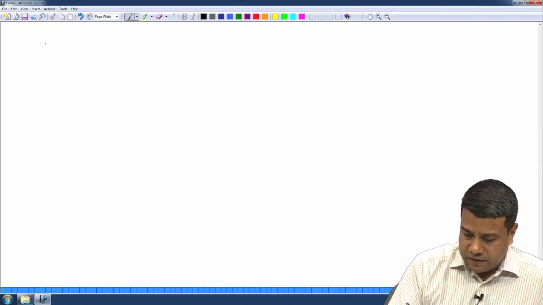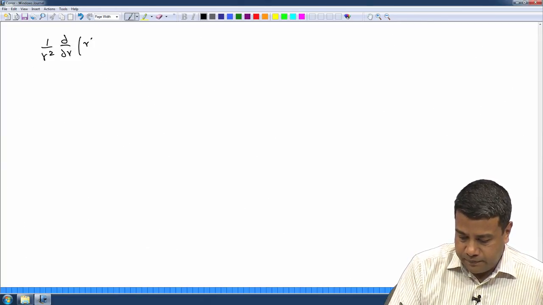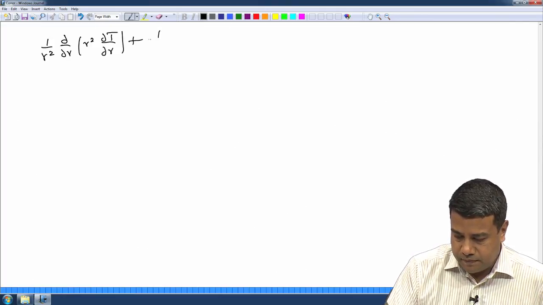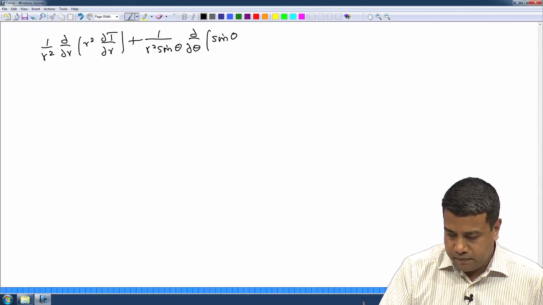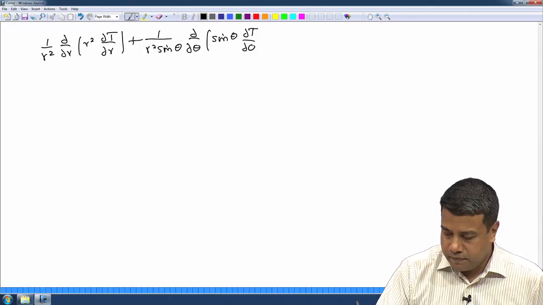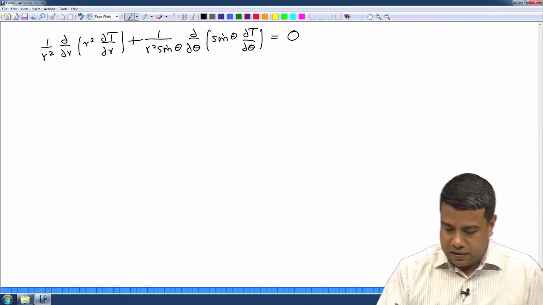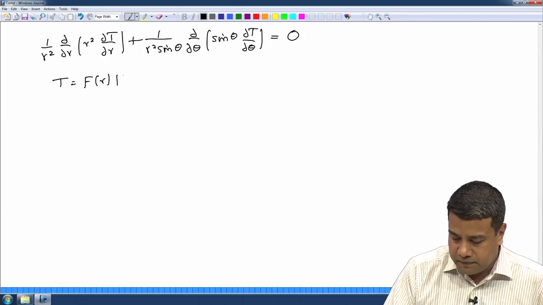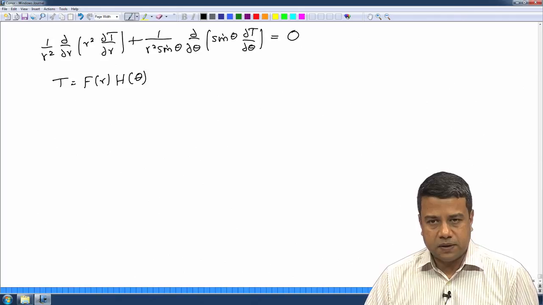So, how do we solve this conservation equation? Separation of variables: write down T is equal to some function of r times some function of theta. Substitute into the equation.